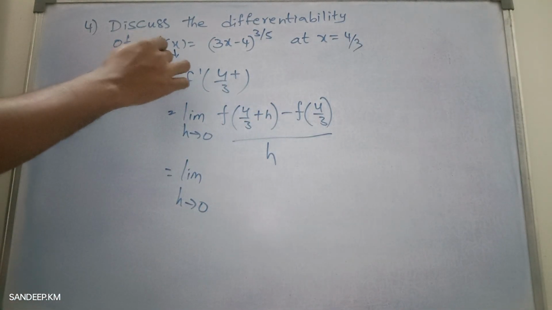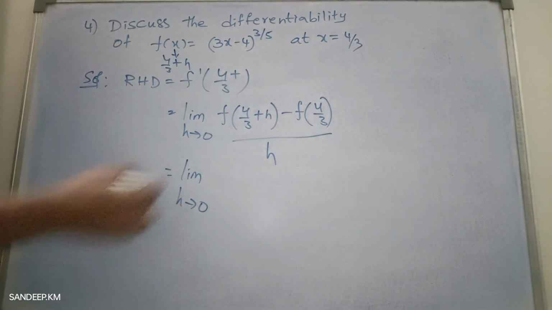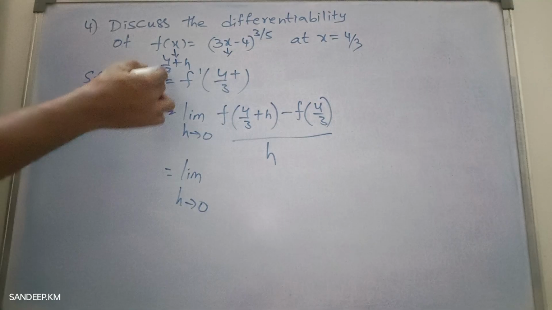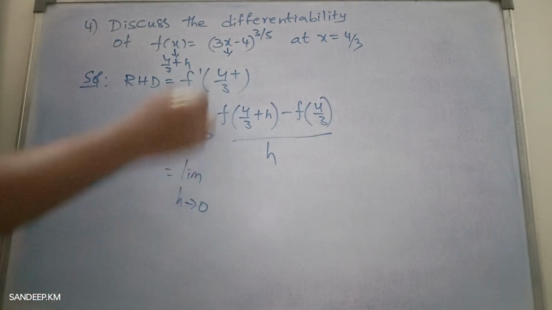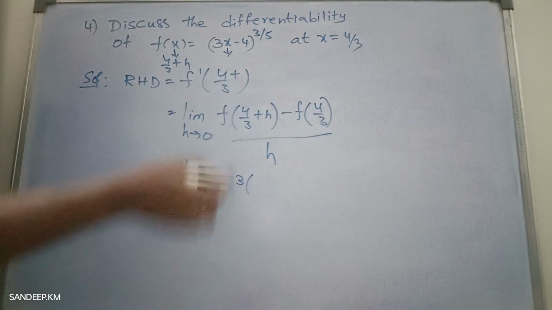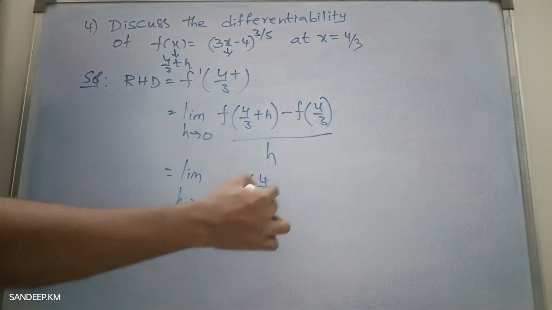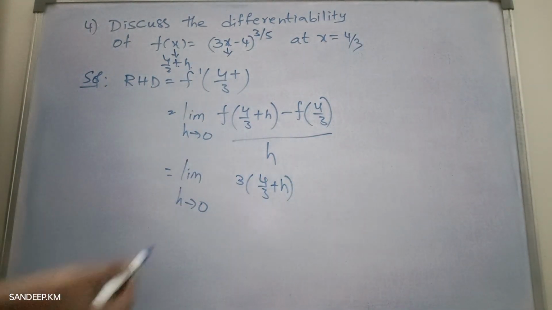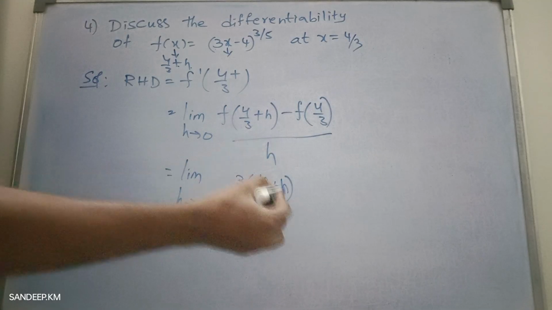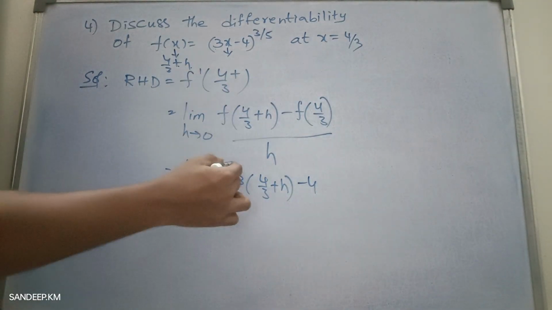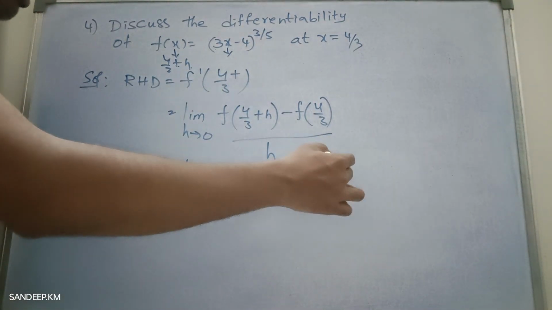In place of x, you substitute 4 by 3 plus h. It is 3 times 4 by 3 plus h minus 4 whole power 3 by 5.